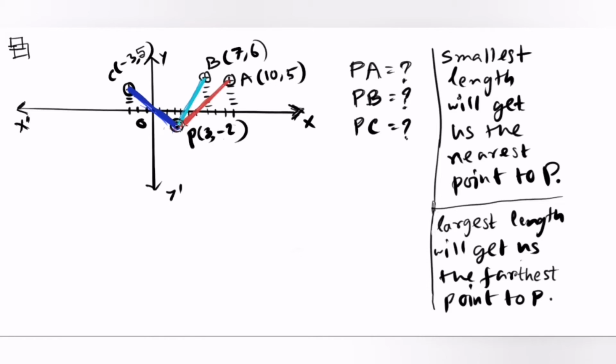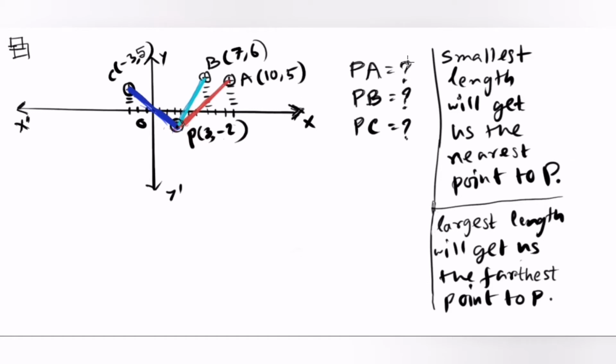We have to figure out the length of PA, the length of PB and the length of PC. That means the distance of P from A, the distance of P from B, and the distance of P from C. The shortest or smallest distance always denotes the nearest position, and the largest distance always denotes the farthest position.